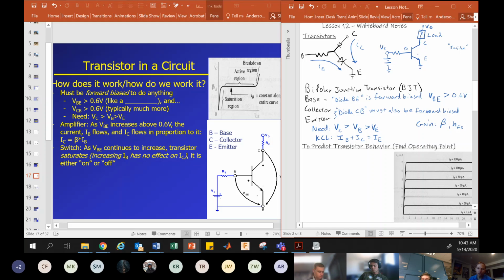Because if all we wanted to do was turn on an LED with low current, we can do that right now with our Mega, no problem. But we can't run bigger motors with our Mega. We don't have enough current. So we're going to use this device to get more current. We put something in here called the load that we're going to turn on and off using the transistor.